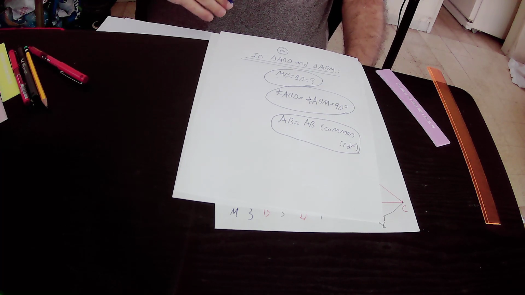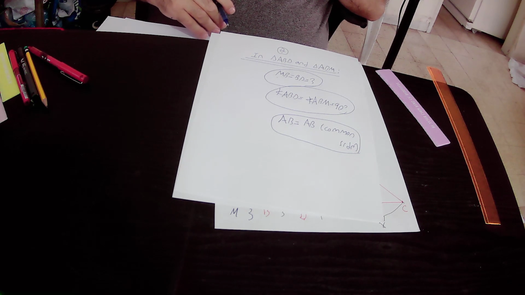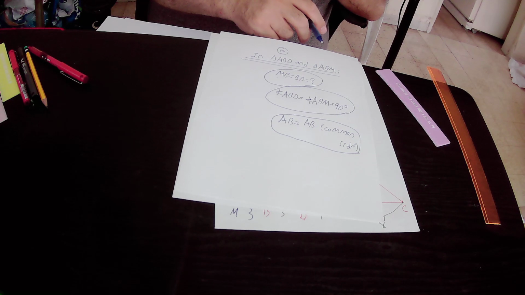So we actually proved that right triangle ABD can go into the right triangle ABM according to side angle side rule.